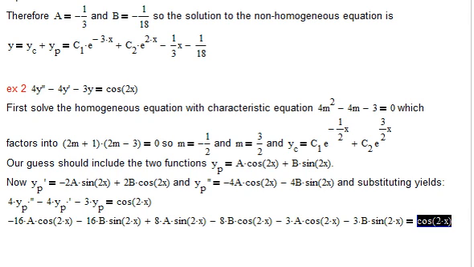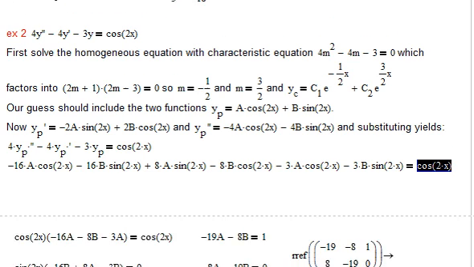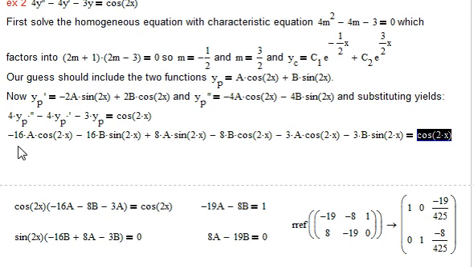Now, that's going to give us a way to solve for the a and the b. Yes, and here it is. Cosine of 2x on the left-hand side has negative 16a minus 8b plus 3a as its coefficients.